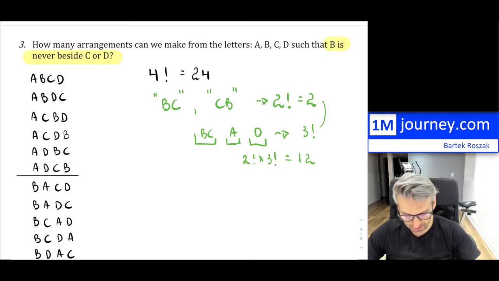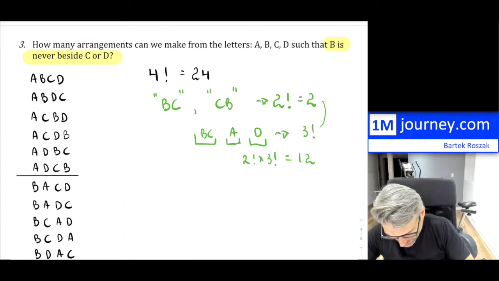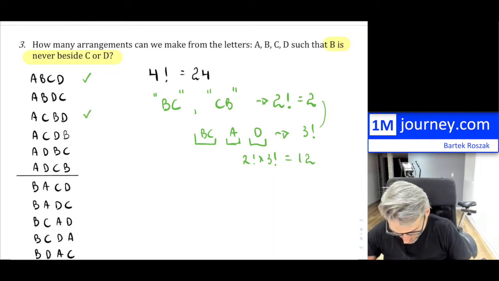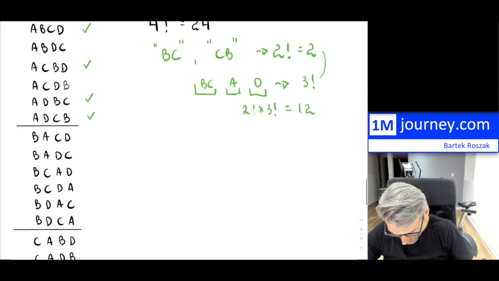So let's find them. When are B and C together? I'm going to put a check mark. B and C is here. It's not in the second one. Here it is again, C and B, so either one or the other. It's not in that one. B and C, here again, C and B, here again, so that's 4. Now B and C is right here, B and C right here.